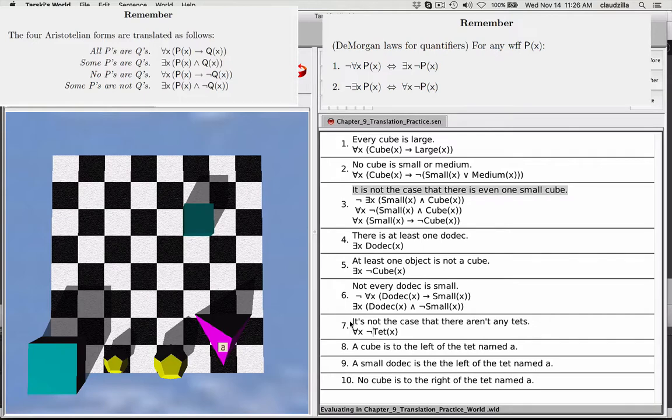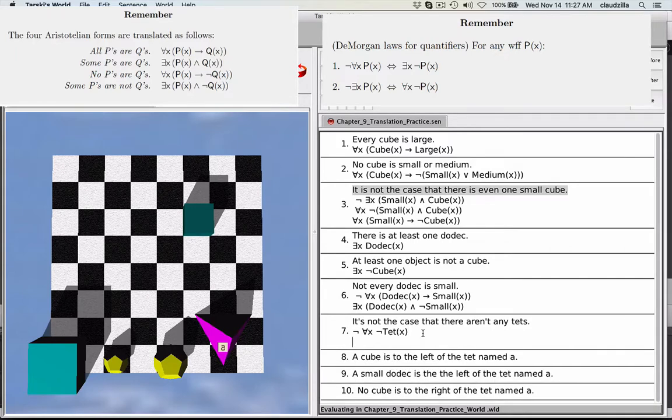Then at the beginning of the sentence, we have the negation. It's not the case that. So the negation goes in front of the universal. So we can go ahead and read back in. It's not the case that everything is not. We can also think about the alternate translation of the phrase, there aren't any, right?